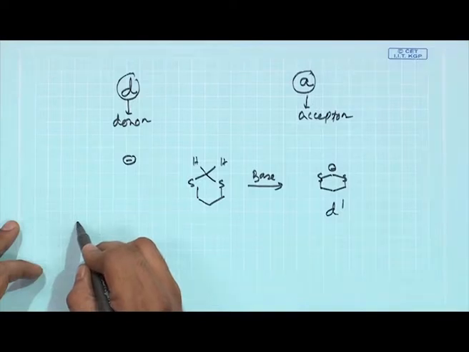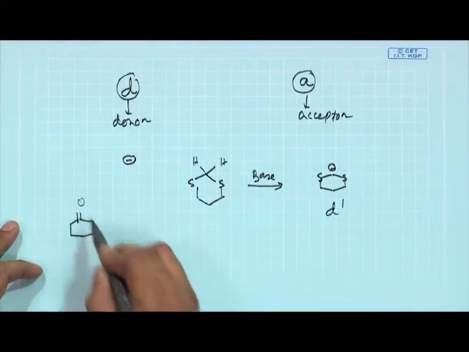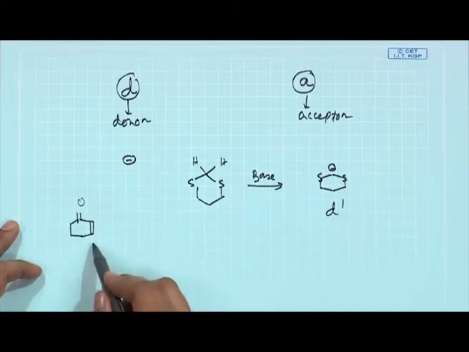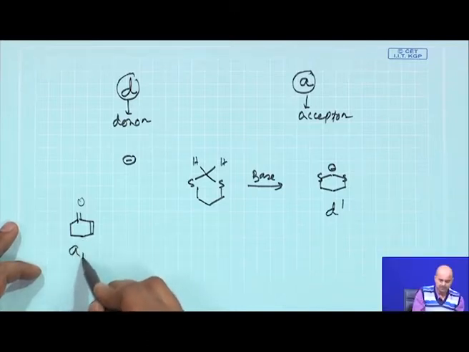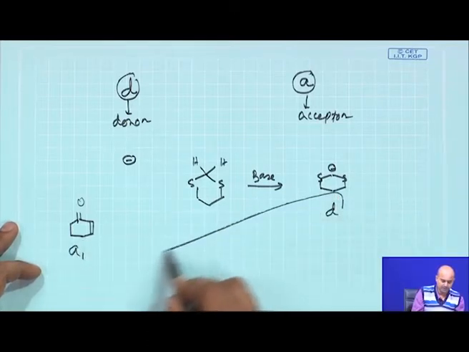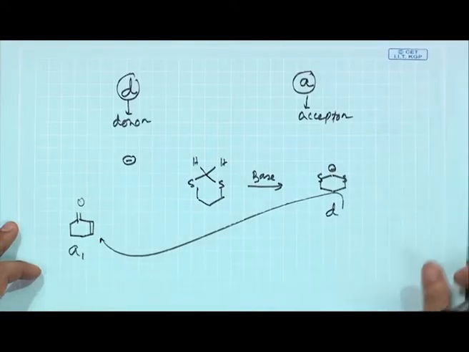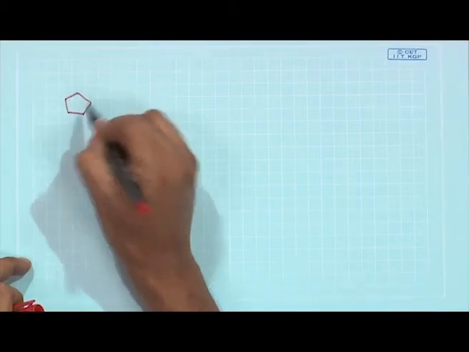A very well known acceptor is something like a compound like this. This is an acceptor which can accept a donor; this is a Michael acceptor. So, this is the acceptor and this is a donor which can react. So, the next problem deals with a compound whose structure is something like this.